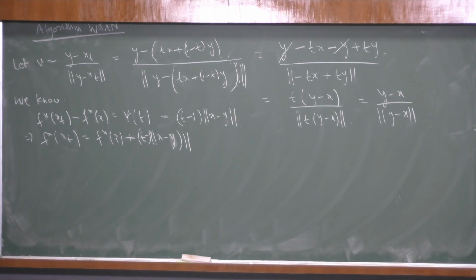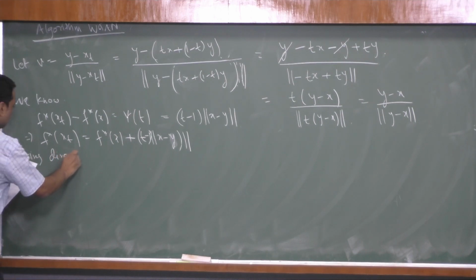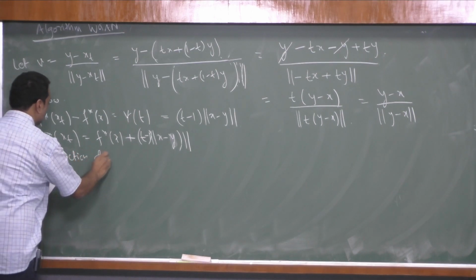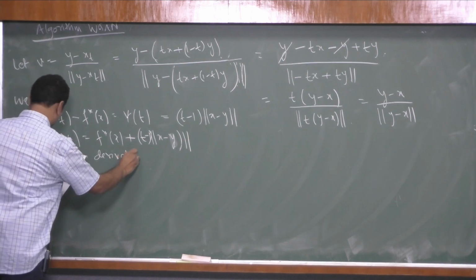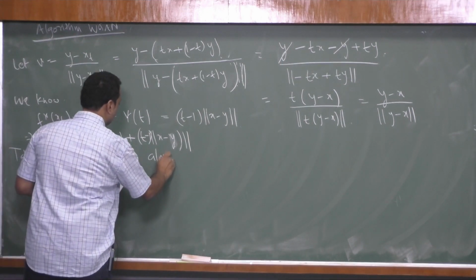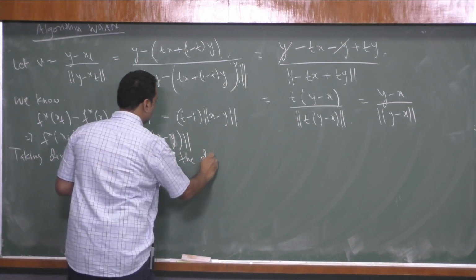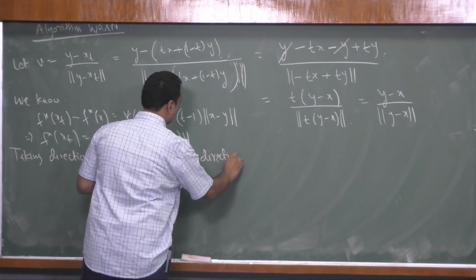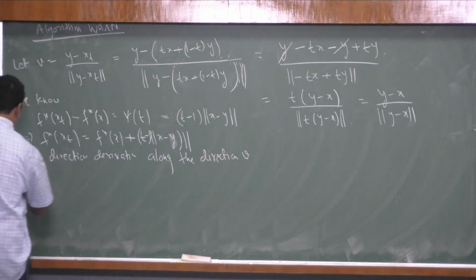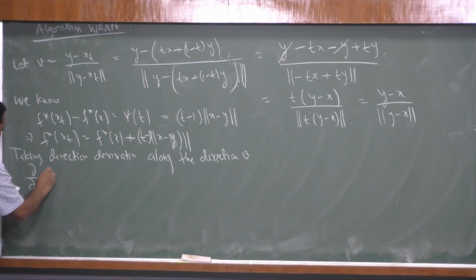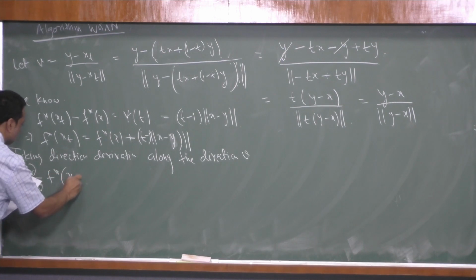Then we take a directional derivative of f star xt along the direction v. So we have del by del v f star xt.